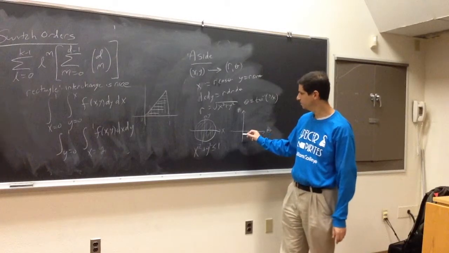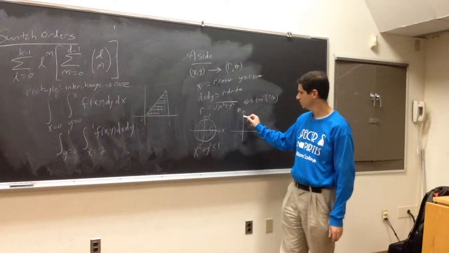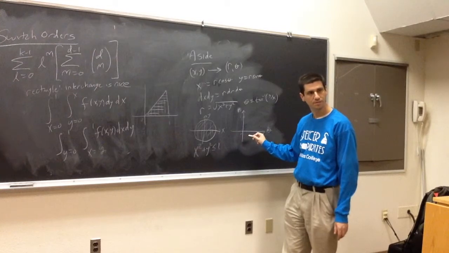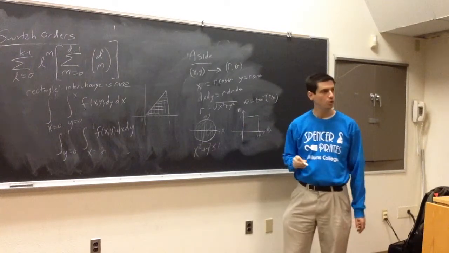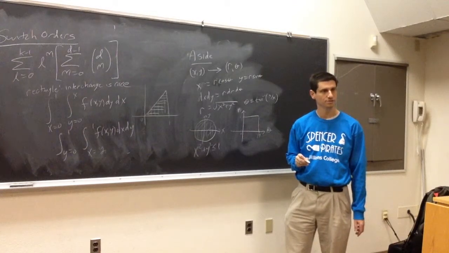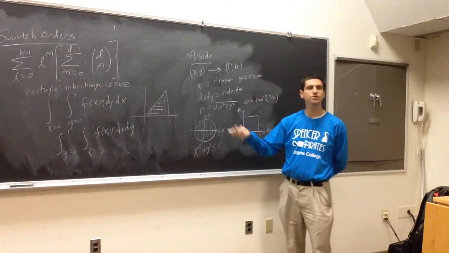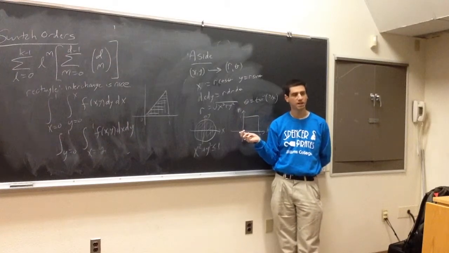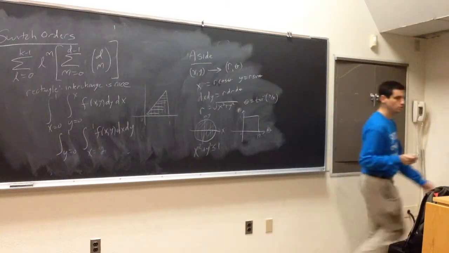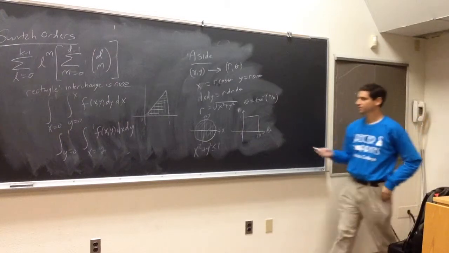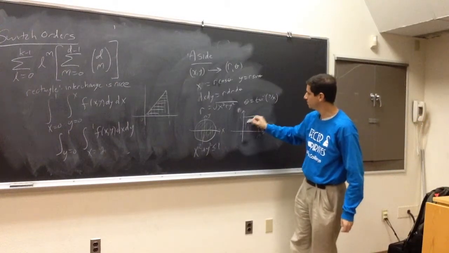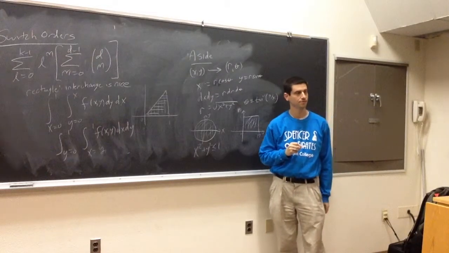Okay, r goes from 0 to, and where does theta go from? 2 pi. In polar coordinates, a circle is a rectangle. This is one of the reasons why we like doing polar coordinates, is it converts a circle to a nicer set to integrate over. Does that help at all? Okay. So we've now got a much nicer region to integrate over.